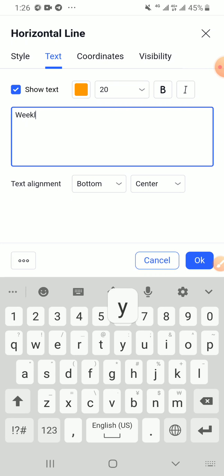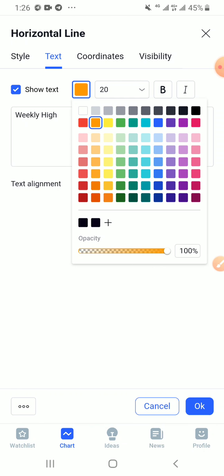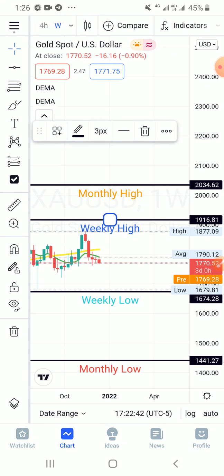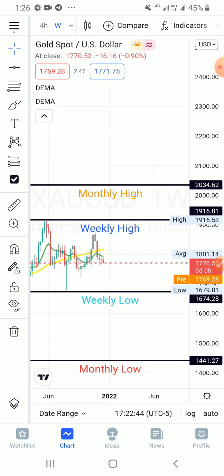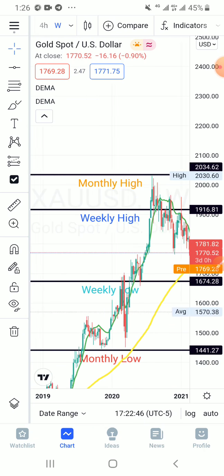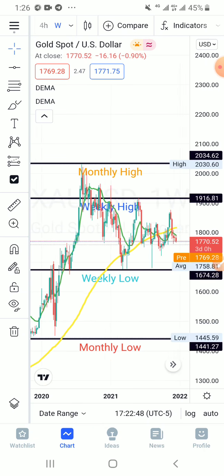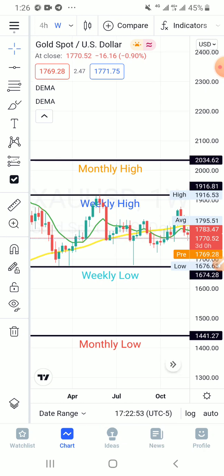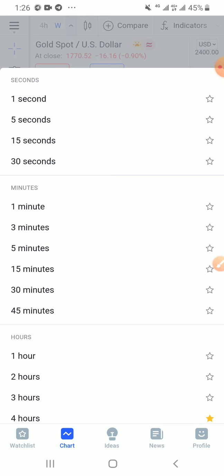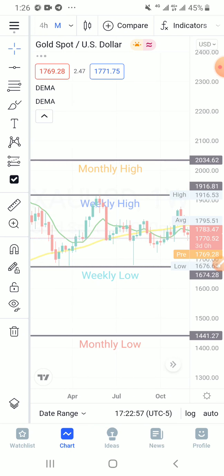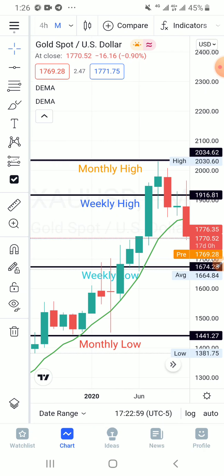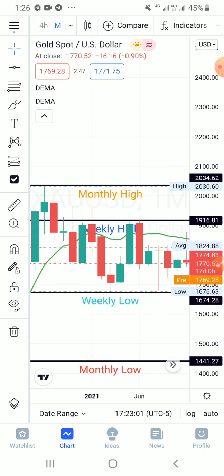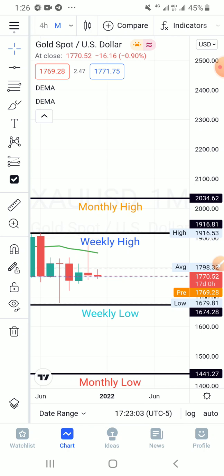So this is weekly high. This is weekly high. So now you know how to find out the high and low of the market. So when we go to the monthly time frame, then you can get the high and low of the market so clearly.